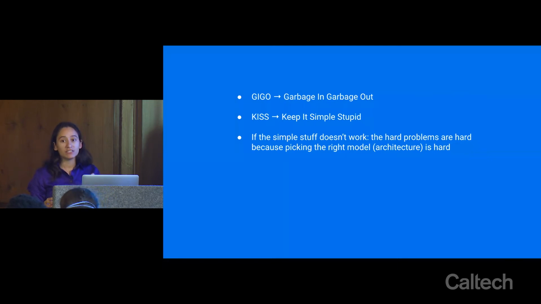But if the simple stuff doesn't work, it's probably because the way your data is organized requires something that uses domain expertise, whether that be pixels close to one another sharing information so we can convolve across them, or sequences in time or in text being similar, so there's information we can use from neighbors. We're going to walk through an example of how one might think about an architecture using the data set I walked you through this morning. But don't fret: if the simple thing doesn't work, the problem is actually very difficult.